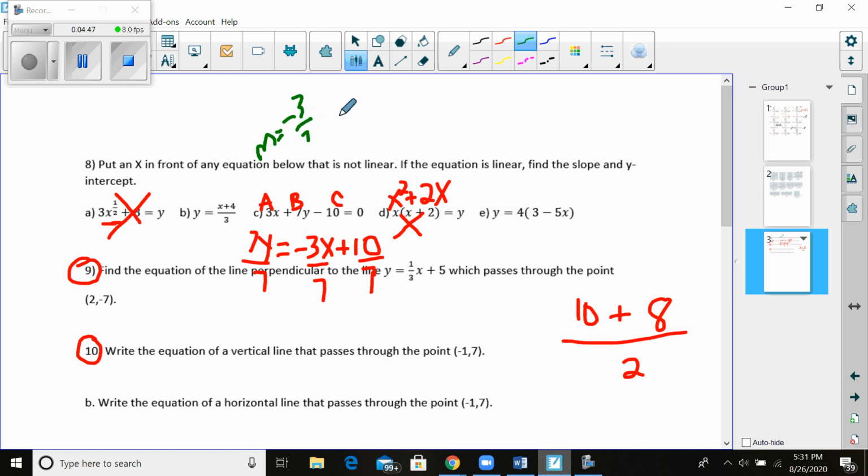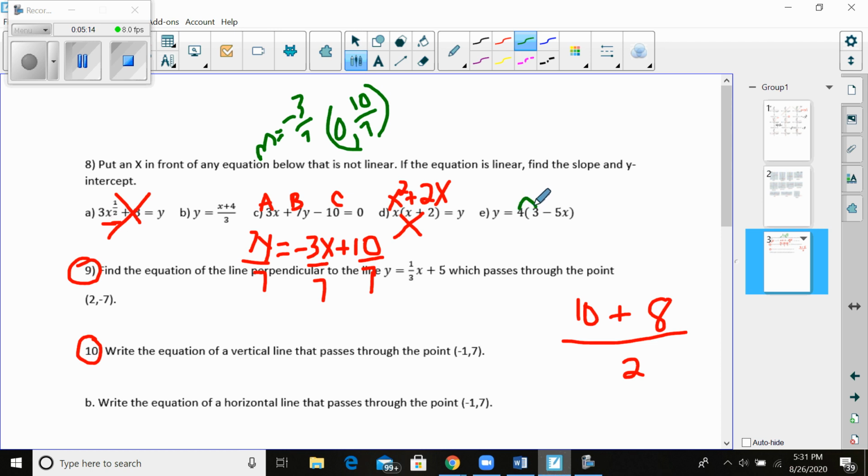And my y-intercept would be 10 over 7. I'm sorry. So that would be the y-intercept, which occurs when x is 0. So I would need to list it like this: 0, 10 over 7. Okay, so the y-intercept occurs when x is 0.